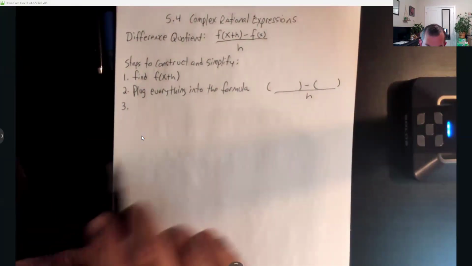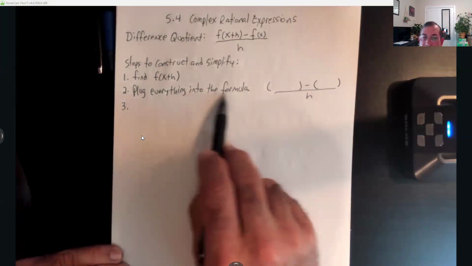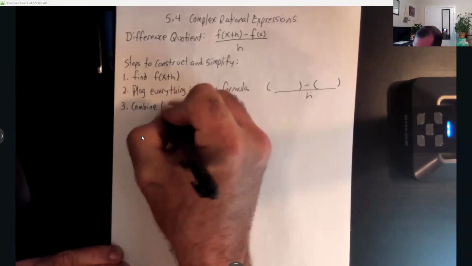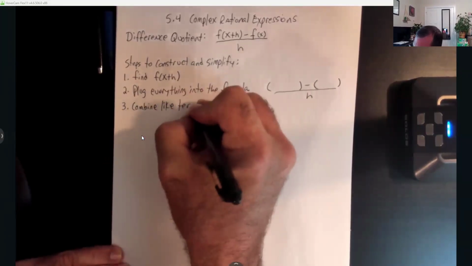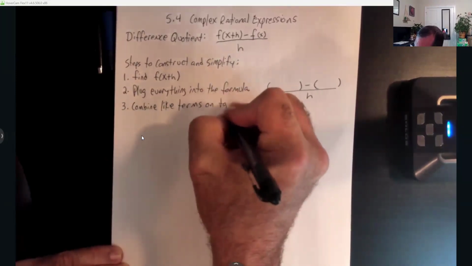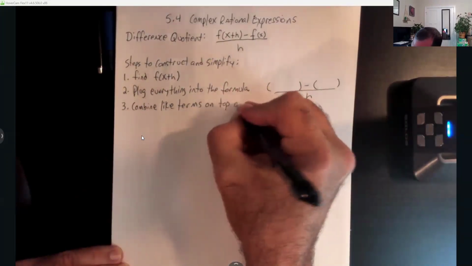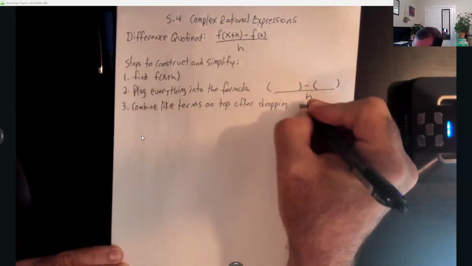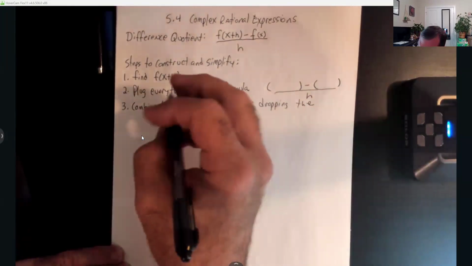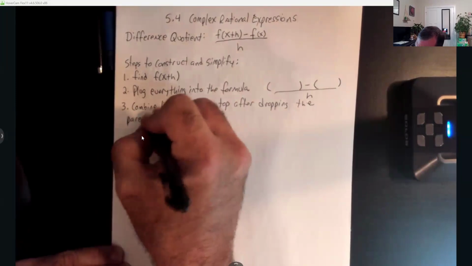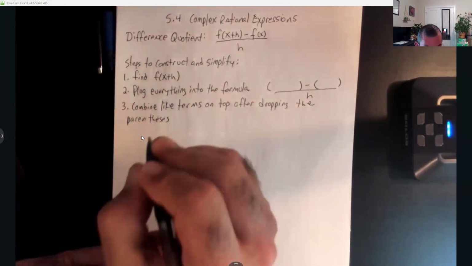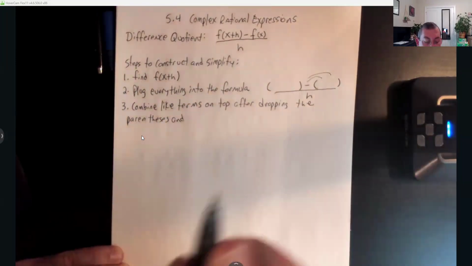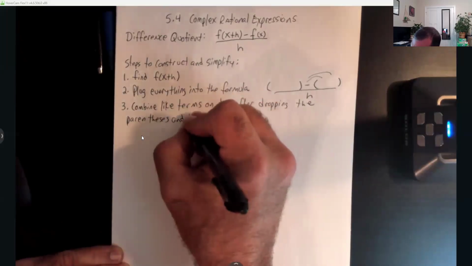So the first thing we do, we're going to combine like terms on top, after dropping the parentheses and distributing the subtraction.